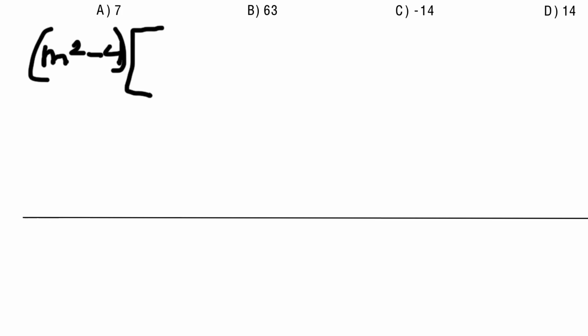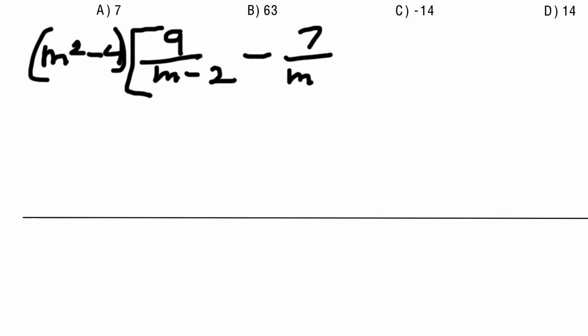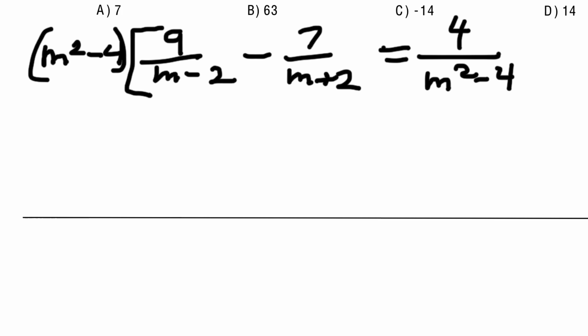Times 9 over m minus 2 minus 7 over m plus 2 equals 4 over m squared minus 4.